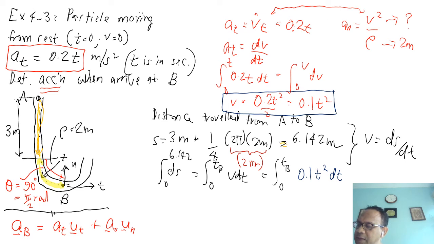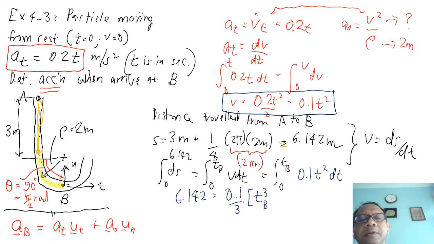From that you can get 6.142 equals 0.1 divided by 3 times t_B cube.